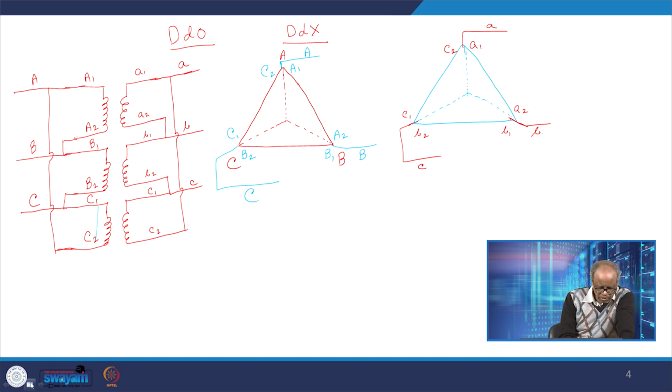And then we denote the currents. So this current is in this direction IAB, this current is IBC, and this current is ICA.